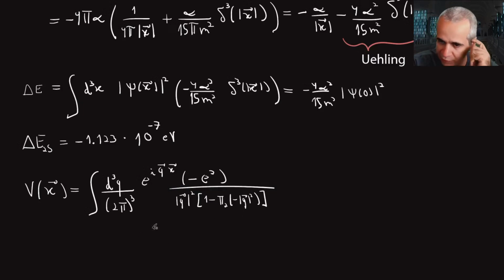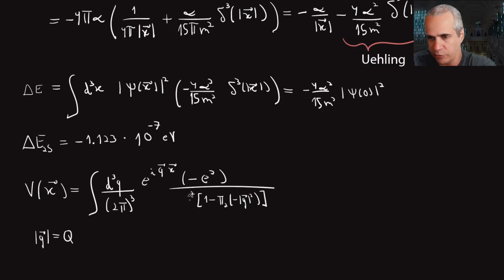Here I'll define the modulus just to get a less cumbersome notation. I'll call big Q the modulus of small q, so I can exchange this by big Q. Here is the same q squared.